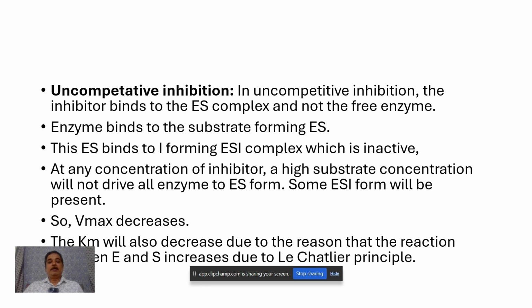So, when we have the enzyme and substrate and the inhibitor, enzyme will be interacting with the substrate first, and then this ES complex will be reacting with the inhibitor, forming ESI complex. This removes the enzyme from the reaction mixture, and more and more enzyme will be reacting with the substrate to form ES complex according to Le Chatelier principle. So the Km will be decreasing.